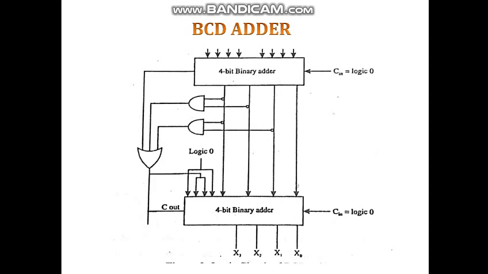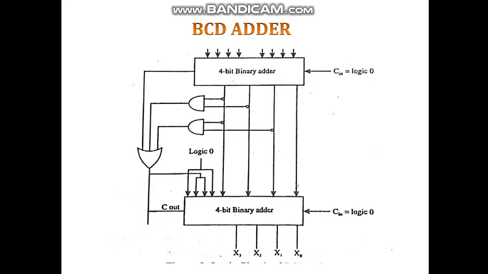its output is also again a BCD term, and there are a total of 9 input lines, 4 bits for the first BCD number. Before that, first we see the structural view of this BCD adder. Here we see the BCD adder.